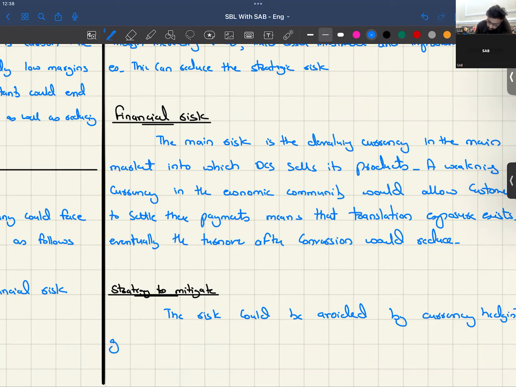So the risk could be avoided by putting currency hedging instruments in place.